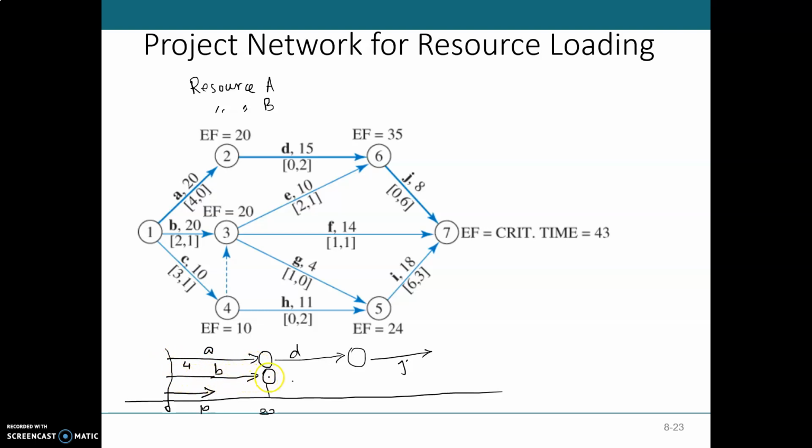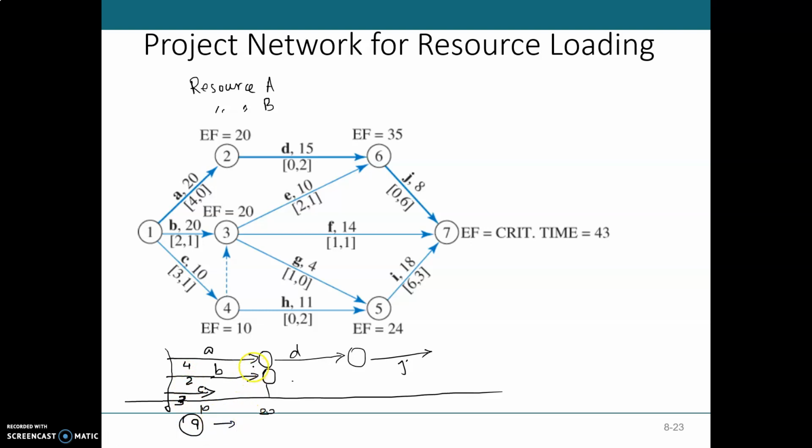For B we need it also for 20 days, 2 number of resources A, and for C 3 number of resources A. So for the first 10 days we need 3 plus 2 is 5, plus 4 is 9 number of resources.